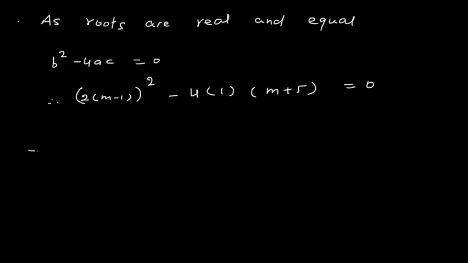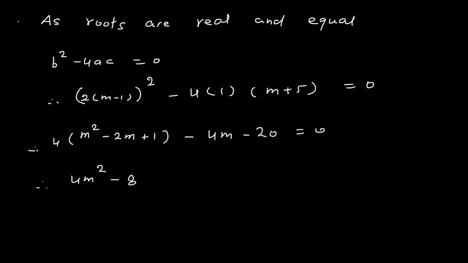So therefore, here we have 2 to the 4 and then it is m square minus 2m plus 1 minus here it is 4m minus 4 5 the 20 is equals to 0. So therefore, we can say that this is 4m square minus 8m plus 4 minus 4m minus 20 is equals to 0.